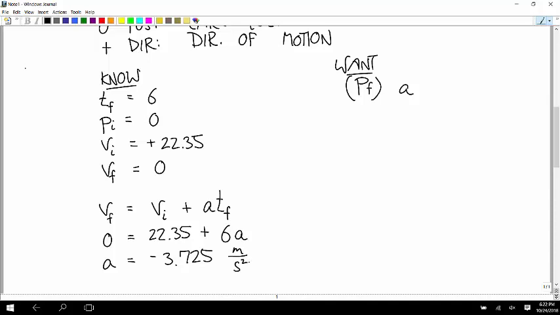And it makes sense that that acceleration has to be negative because the velocity is positive and it's slowing down, it's stopping. So the acceleration has to be the opposite sign of the velocity. And now we know this, and now we can try to find PF.